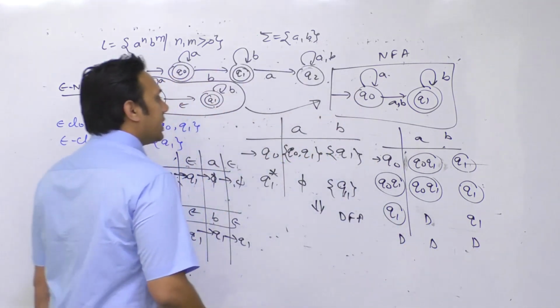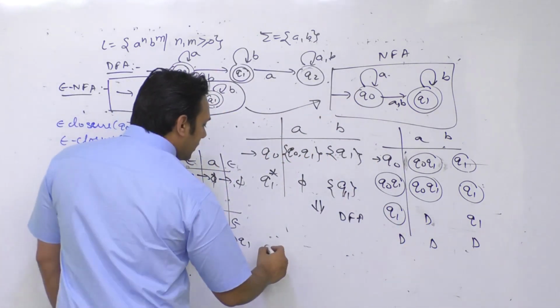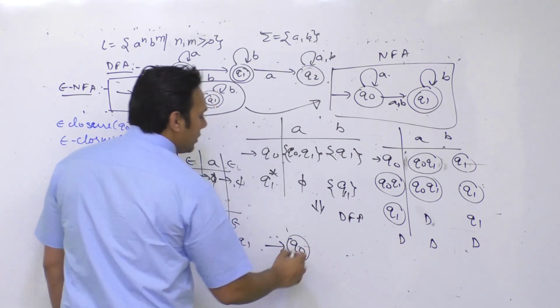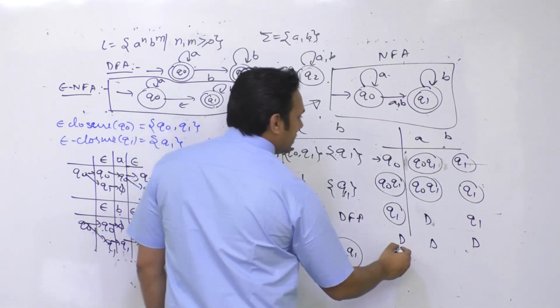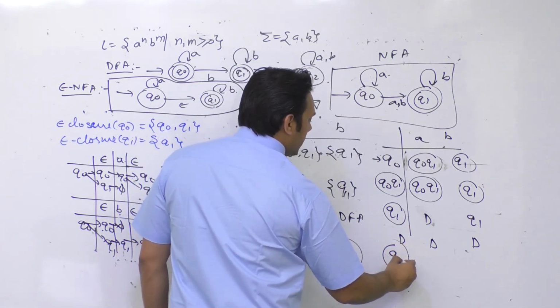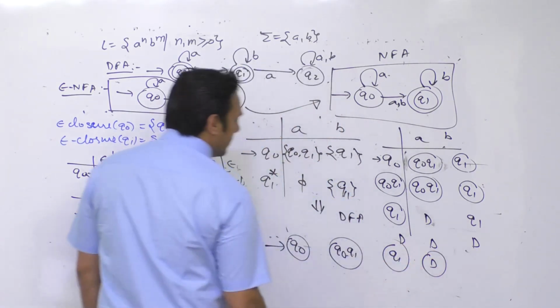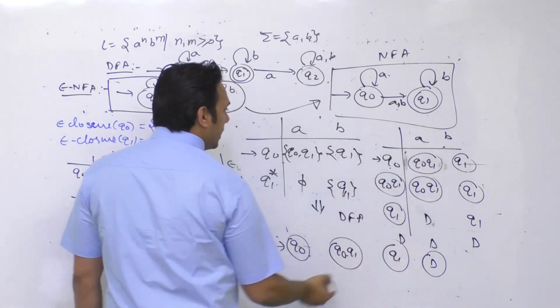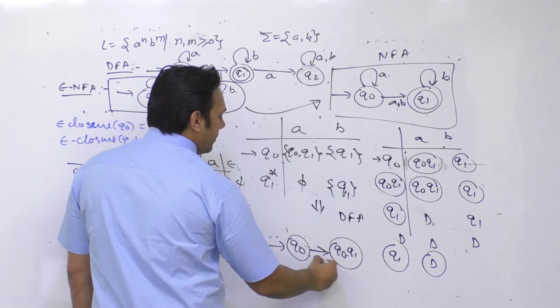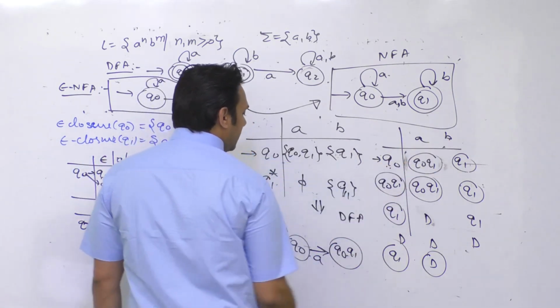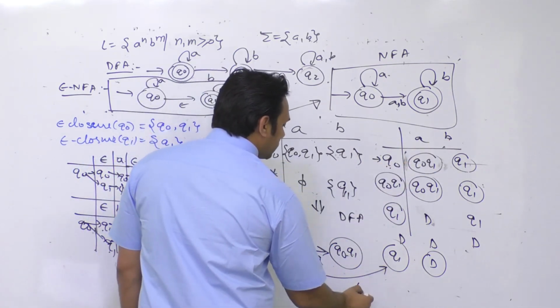Okay. So the diagram looks something like this, that we have a state which is Q0. We have a state which is Q0 Q1. We have a state which is Q1, and we have a state which is a dead state. So in Q0, if I give a symbol A, I'm going to Q0 Q1. In Q0, if I give a symbol B, I'm going to Q1.